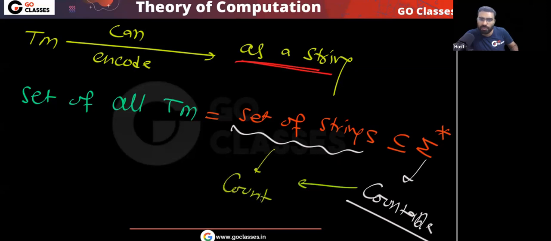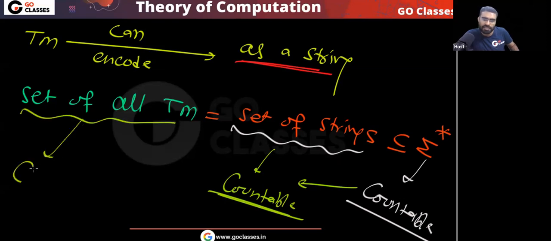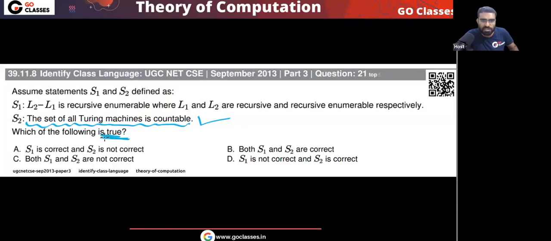So the set of all Turing machines is countably infinite. So this statement is true. The question is asking which is true. S2 is definitely true. What about S1?